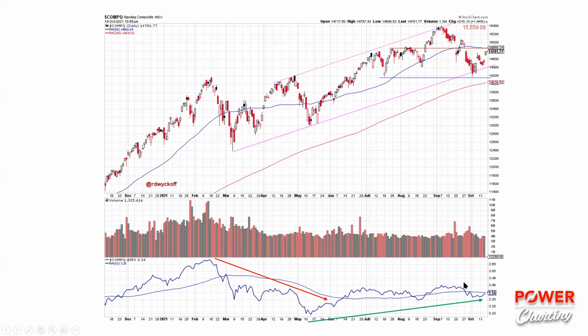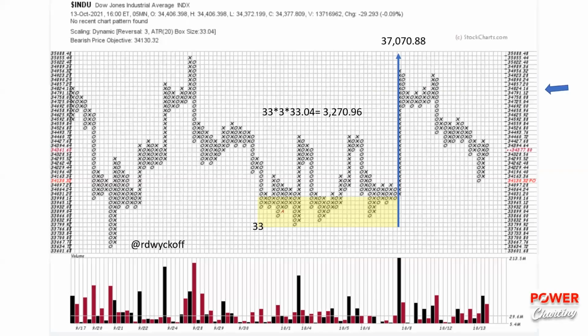This is against the S&P 500, which shows that the NASDAQ comp is re-extending leadership characteristics here after a pretty sharp decline from February to May. So is it possible that this could reassert its uptrend? Well, I think that there's a case here to be made for the potential for a pretty good rally.